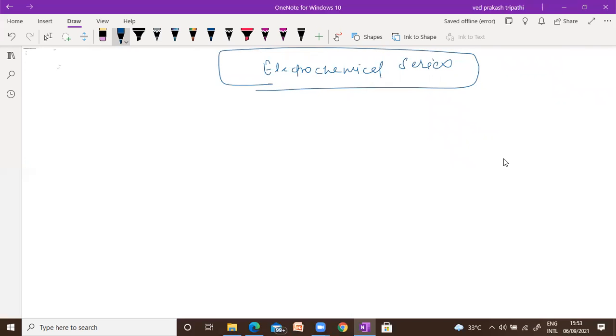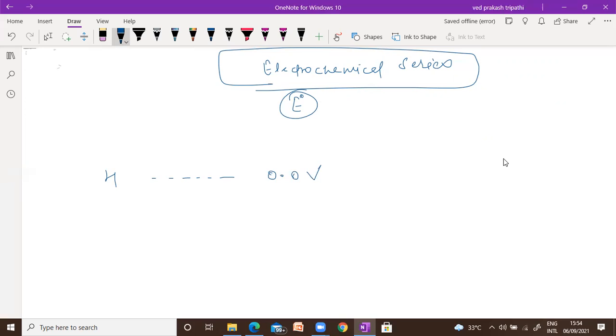Here we have a few elements in this series. There is no need to memorize this. It is basically a concept. And suppose you have hydrogen here. It has zero potential. This is E naught. It is the potential of elements. So here hydrogen has zero potential.